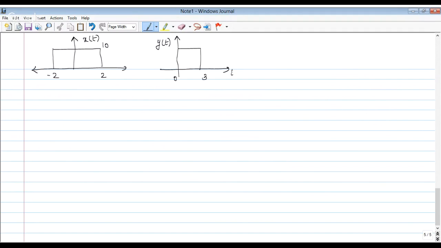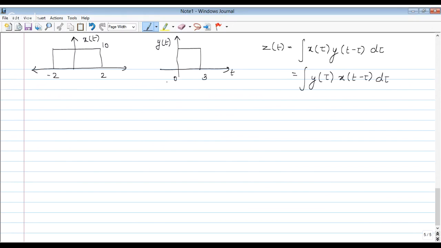Now their convolution is the integral of x(tau) y(t minus tau) d tau. It is also equal to the integral of y(tau) x(t minus tau) d tau.